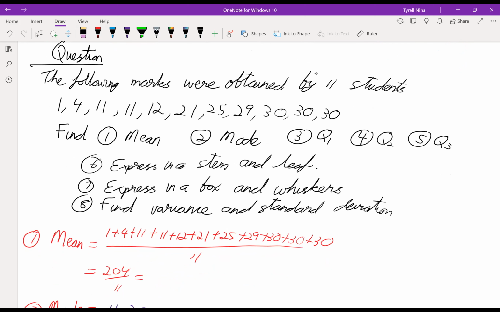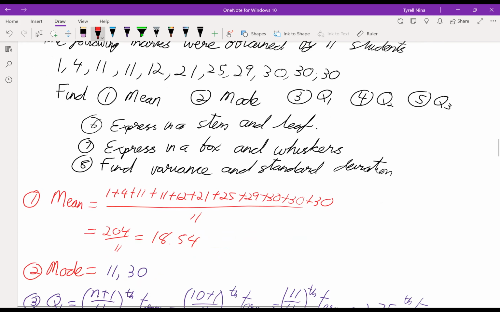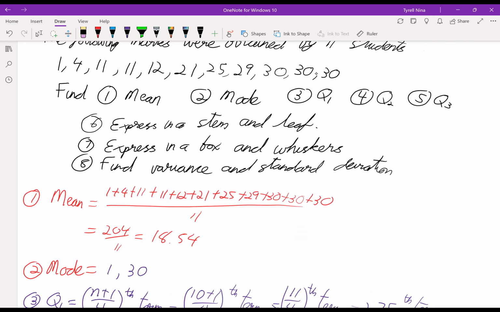I really should leave it like that, because then I would get the practice with the medians and the middle, but it's too late to do that. It's 18.54. The mode is 30.